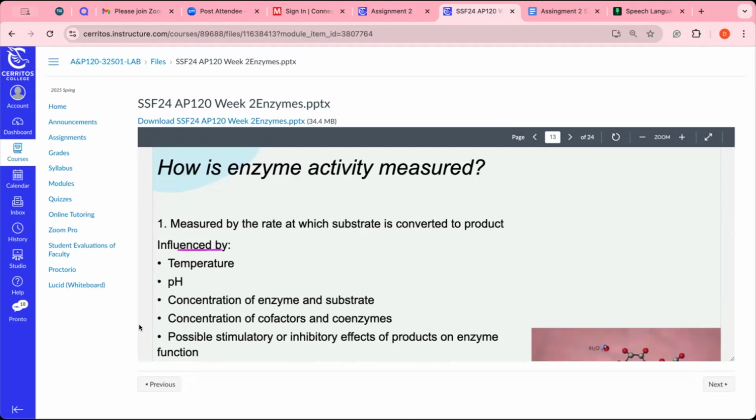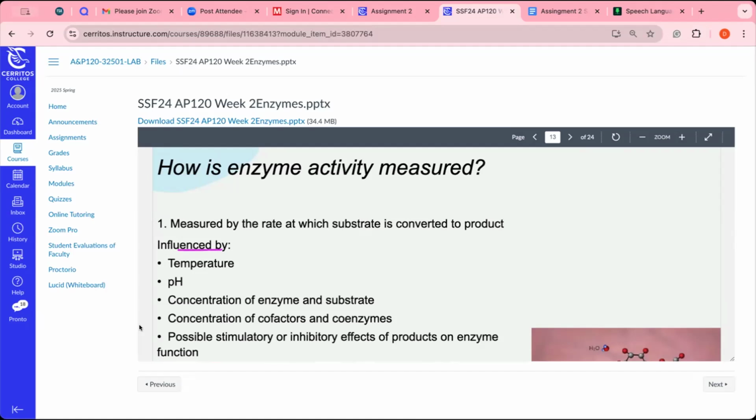The concentration of enzyme and substrate, how much enzyme you have compared to how much substrate ingredients there are, and the concentration of cofactors and coenzymes. There are possible stimulatory or inhibitory effects of products on enzyme function.